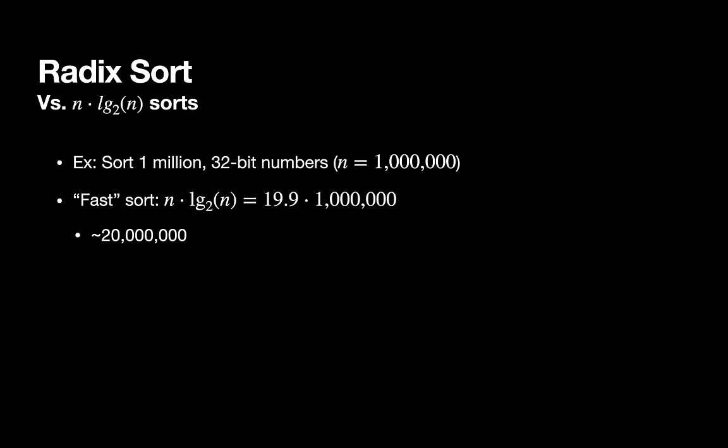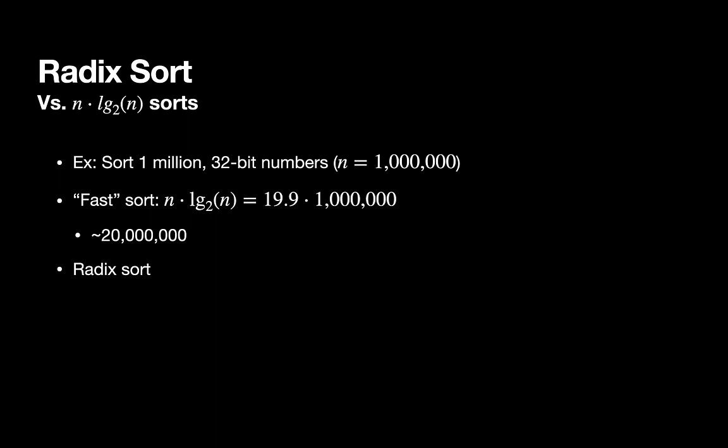Let's also consider sorting using radix sort. Imagine we've got 32-bit numbers, which would be 4 bytes. By the way, the idea of bits and bytes is covered in other classes like Computer Science 132. The basic idea here is that we can think of these as more complicated digits.